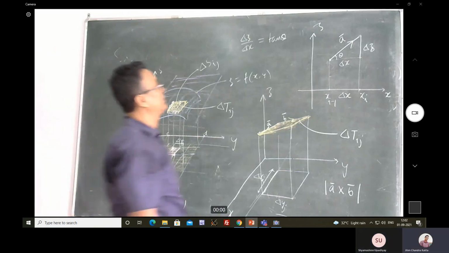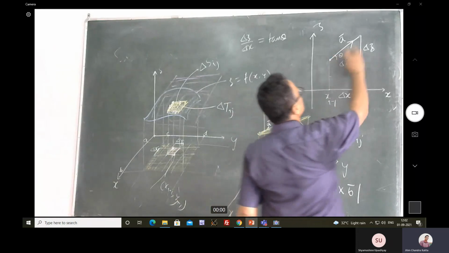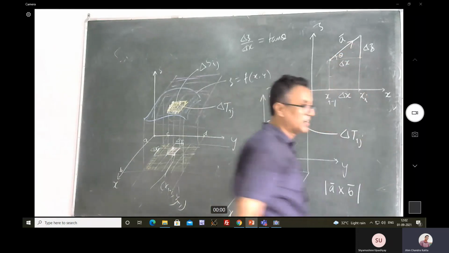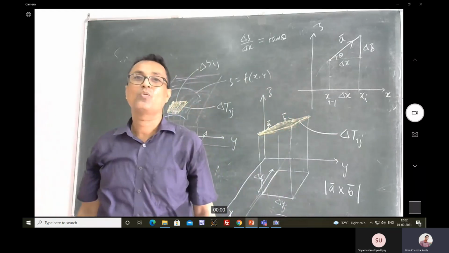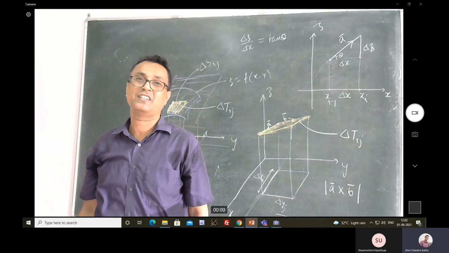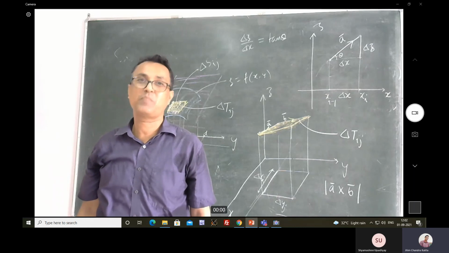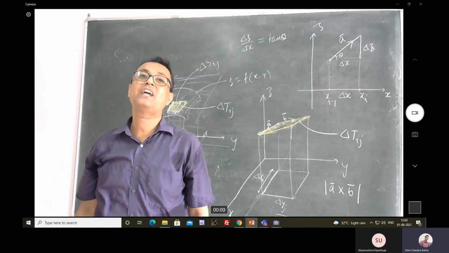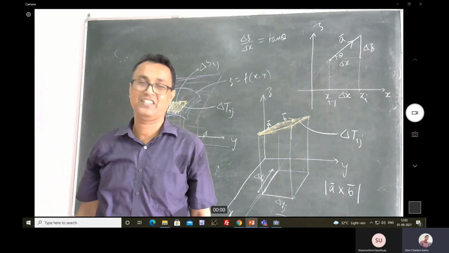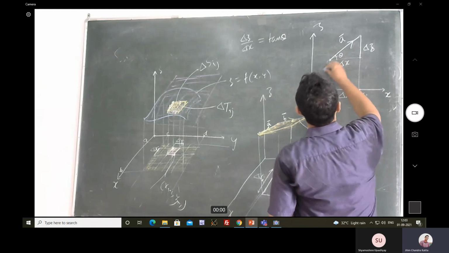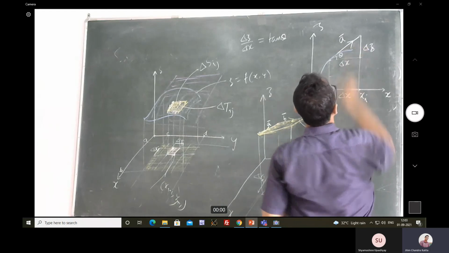And again, remember, vector A is nothing but a tangent to the curve, which has been obtained by intersecting the surface with a plane given by y equal to y_{j-1}. Is it okay?